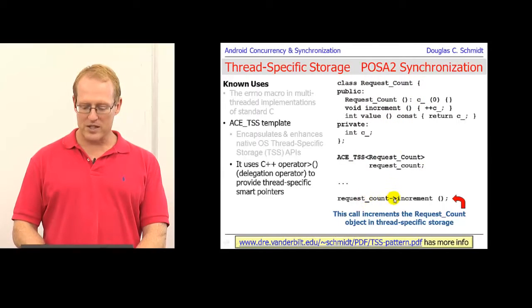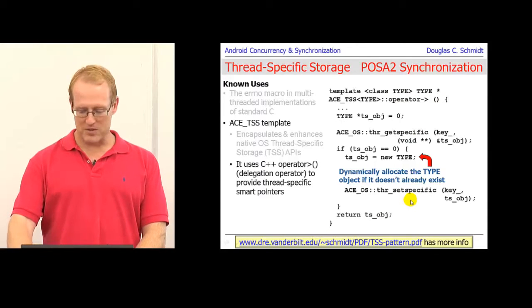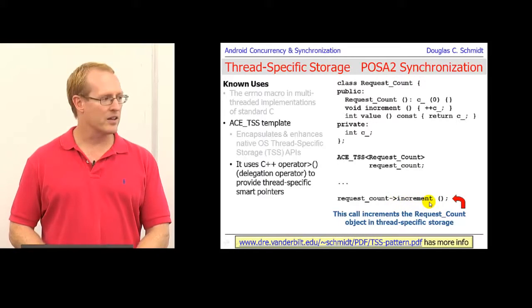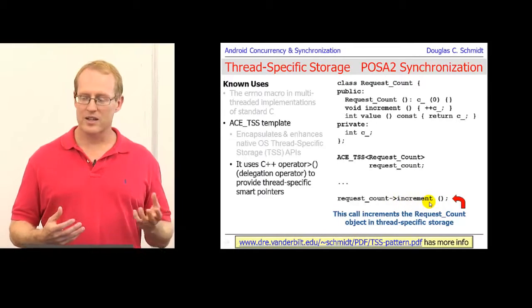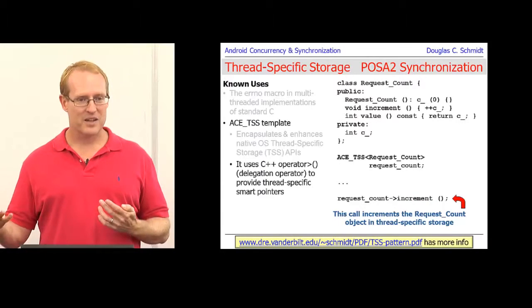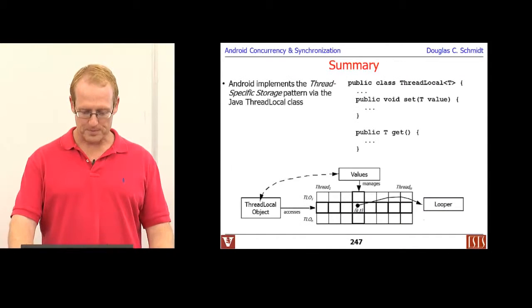And then when you say requestCount arrow increment, it first calls this method here, which is the delegation method, which gets you a pointer by hook or by crook to the thread-specific data, and then it returns it, and then C++ automatically delegates to the increment method. And so that goes ahead and calls it. So it looks like just a regular function call, but in fact it's actually accessing data that's stored in a thread-specific way. So it's very cool, very powerful.